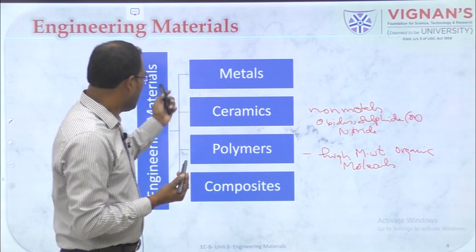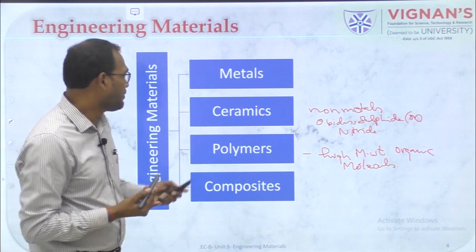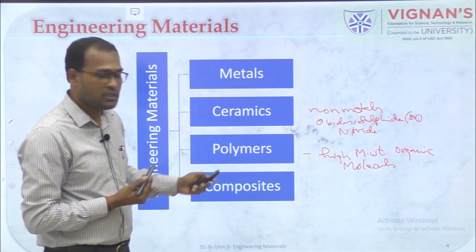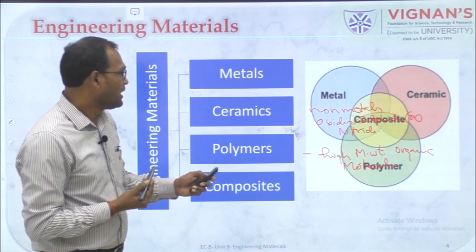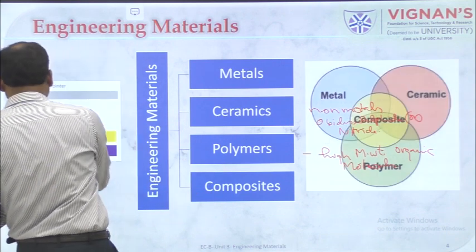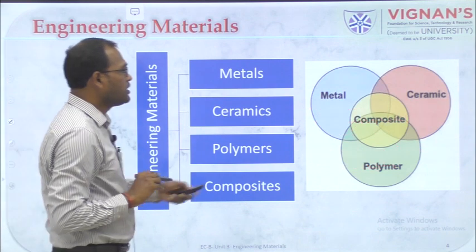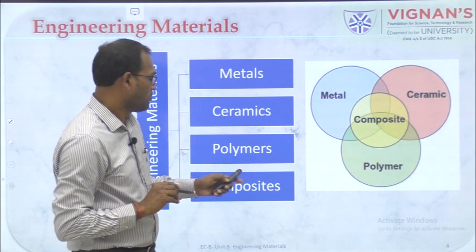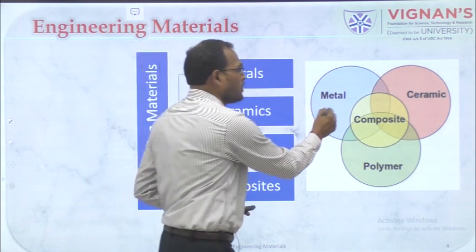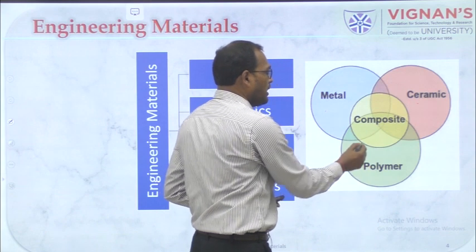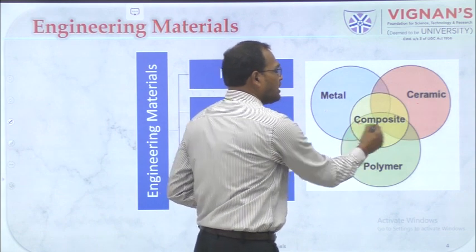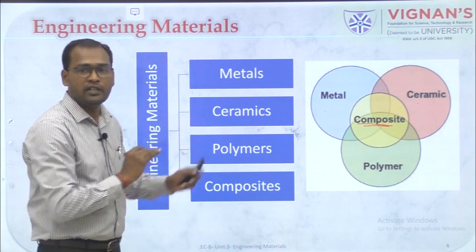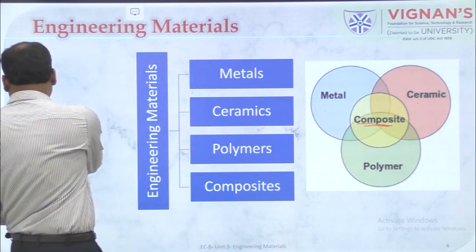So, this is how engineering materials have been classified: one is metals, second is ceramics, third is polymers, and fourth is composites. We can see this in this diagram. You can see here this is a metal, the metal, ceramic, polymer, and a combination of all these three comes as composite. So this is how an engineering material has been classified.